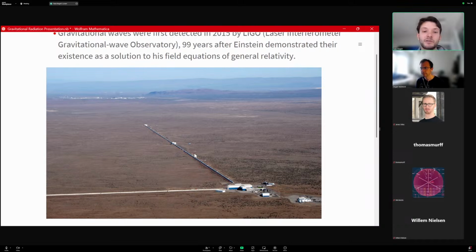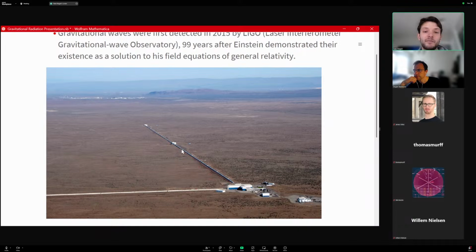The principle of this interferometer is that it has a high power laser here. It splits the laser into two beams, the beams bounce off mirrors, and then they eventually recombine.